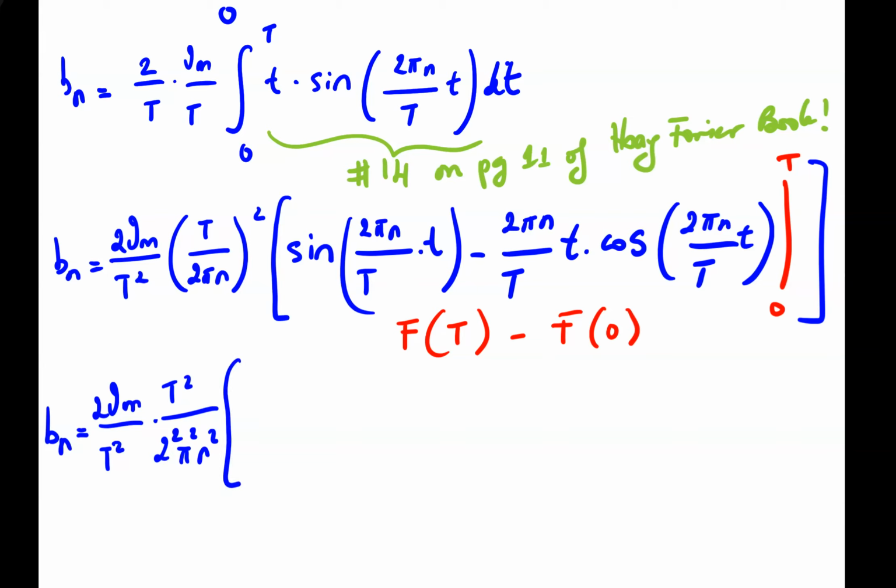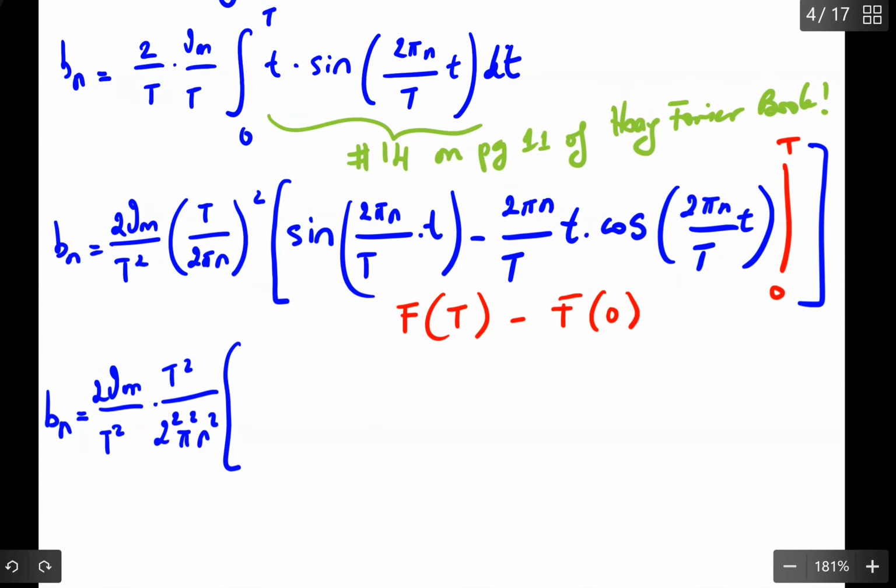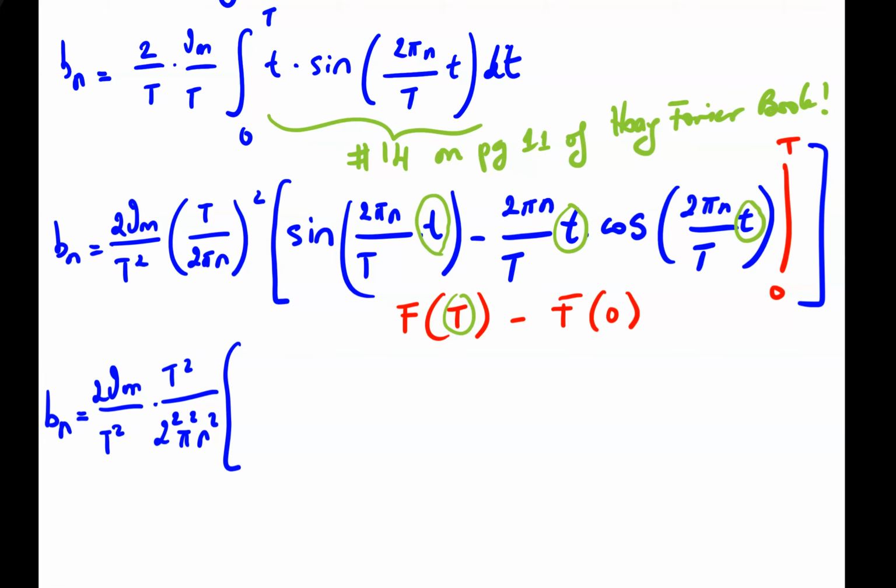So now let's write the F of T and the F of 0. With the F of T, it means that everywhere I see this t, it will be replaced by this T. That's my very first part of my fundamental theorem.